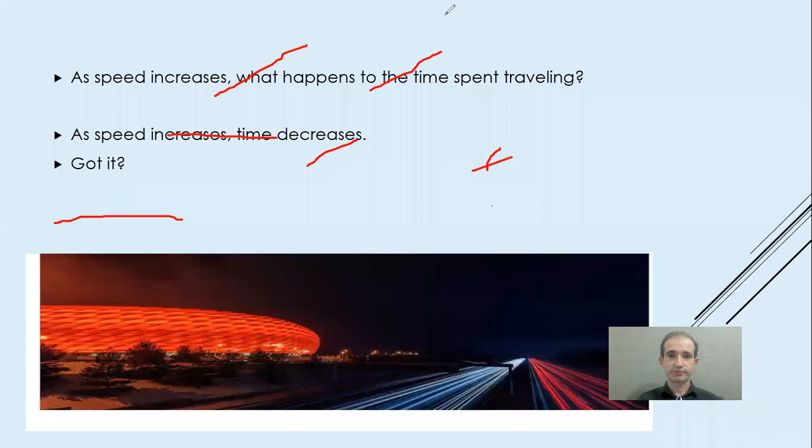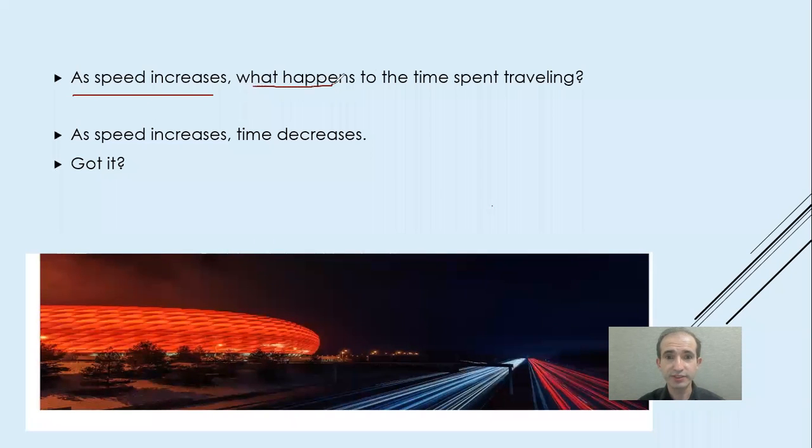Let's go. We are going to review the ideas. We have some pattern here. You can see in this slide, as speed increases, what happens to the time spent traveling? As the speed increases, time decreases, got it?